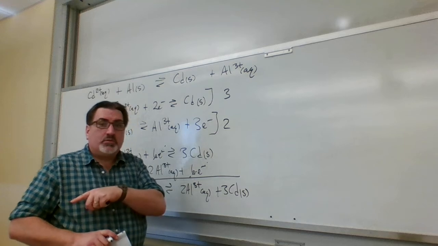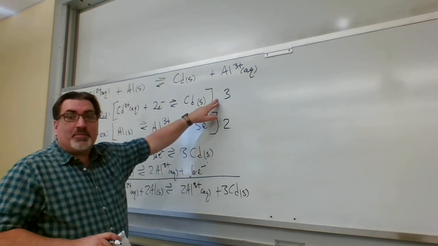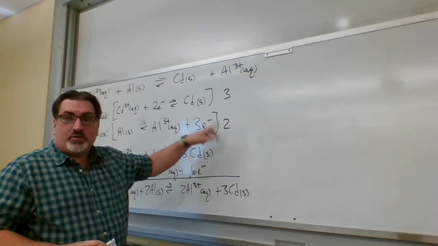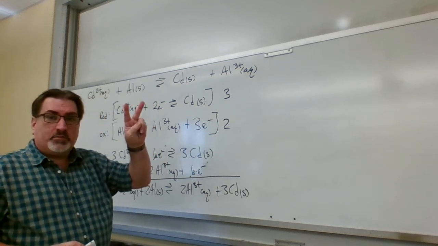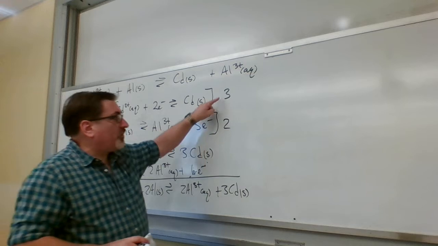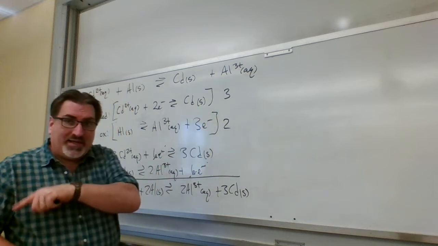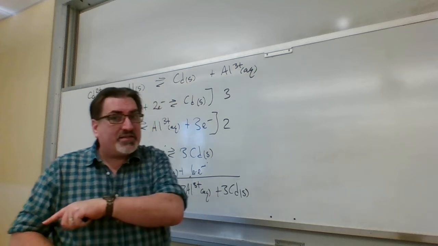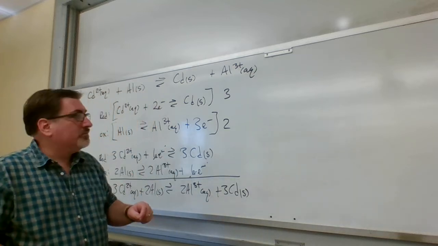You don't. This still occurs at the same potential, we just do it 3 times. This one occurs at the same potential, we just do it twice. Okay? So these multipliers do not multiply E0s out of the table. Again, you never do anything to the values in the table except plug them straight in.